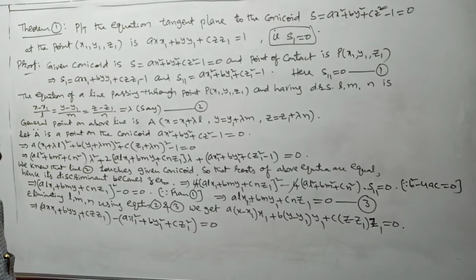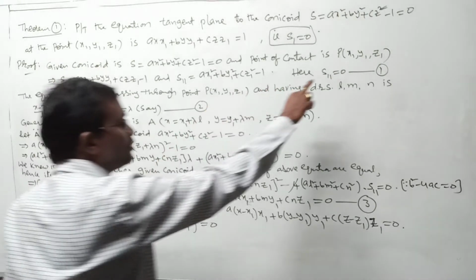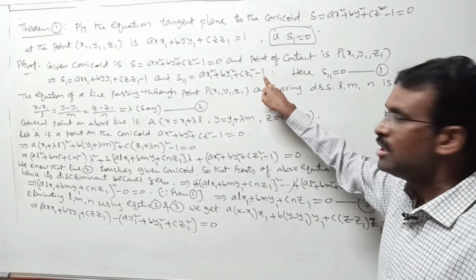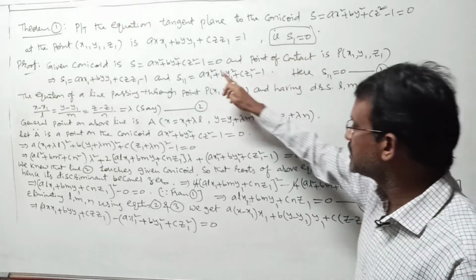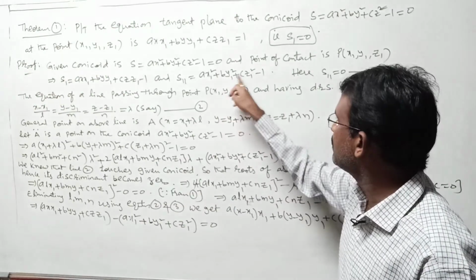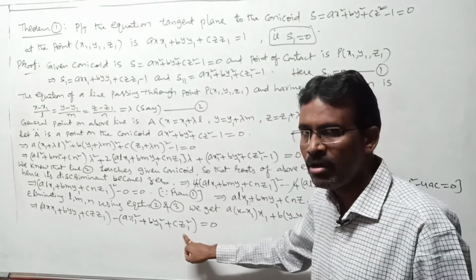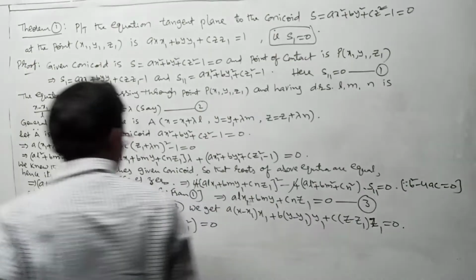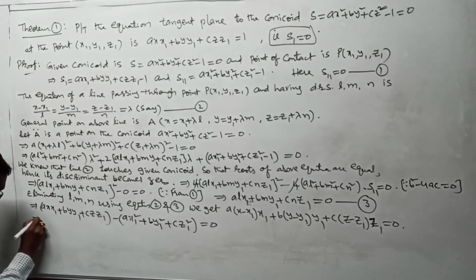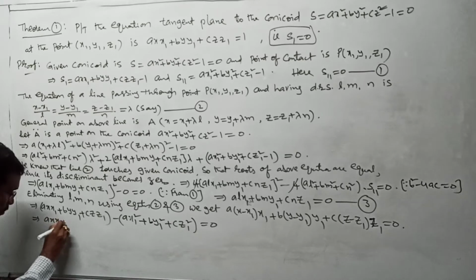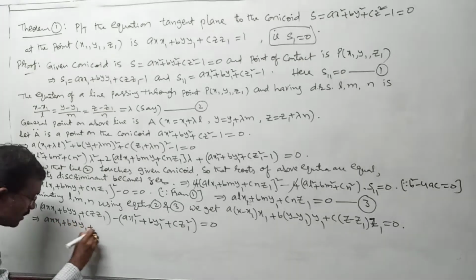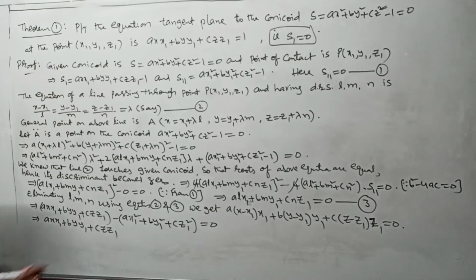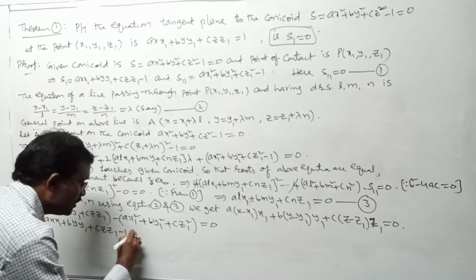Any doubt? But again come on to here. We know that S11 equal to 0 means this equal to 0. If this equal to 0, this take on to other side, AX1 square plus BY1 square plus CZ1 square equal to 1 or not? I mean this one you can replace with 1. That I am doing here. This implies AXX1 plus BYY1 plus CZZ1 minus 1 equal to 0.